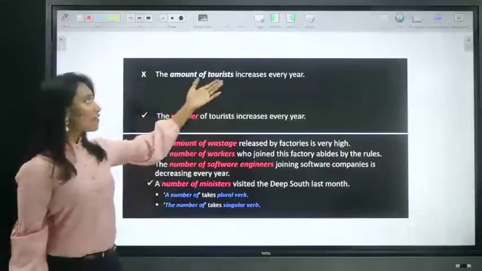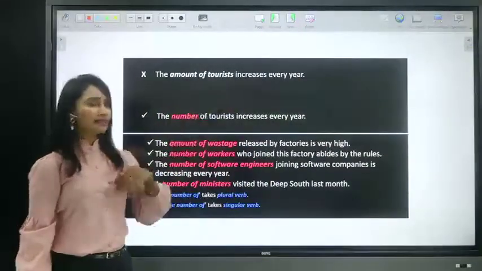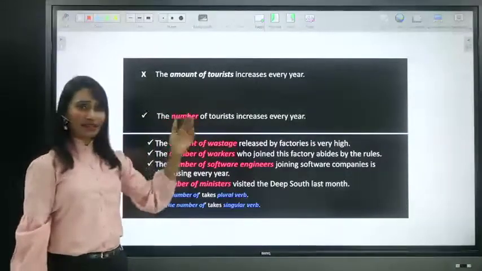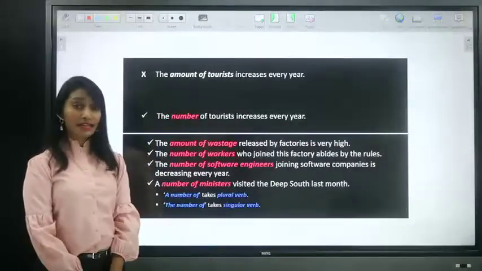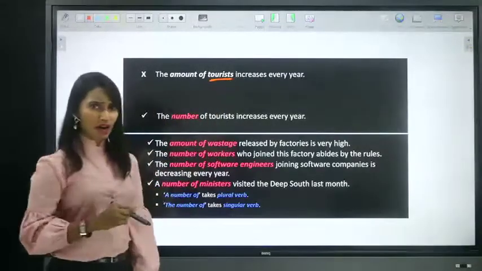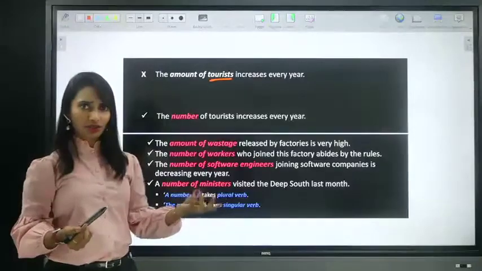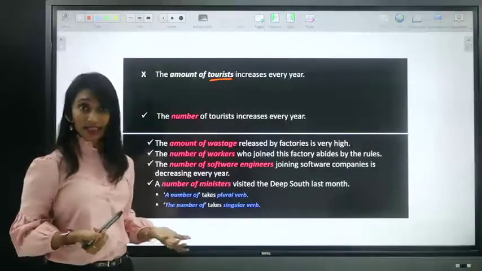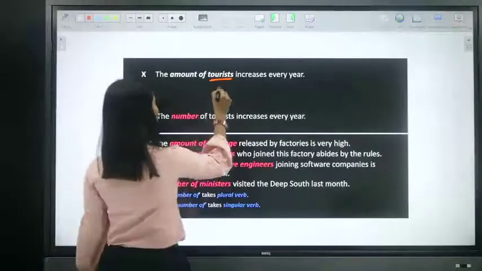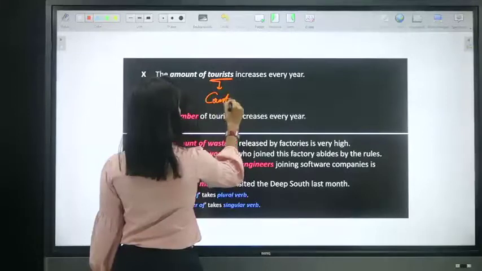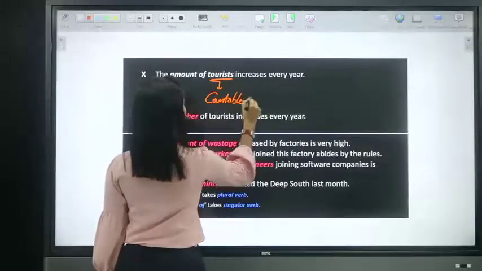The amount of tourists increases every year. Can you count tourists? Can we count tourists? One tourist, two tourists, three tourists. Can we count or not? Yes, we can count. That means tourist is a countable noun.